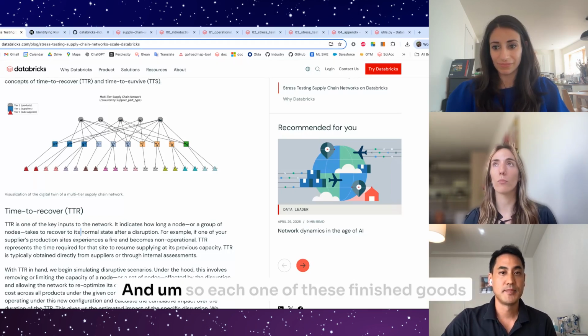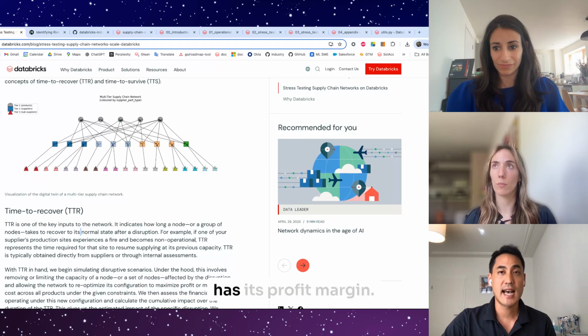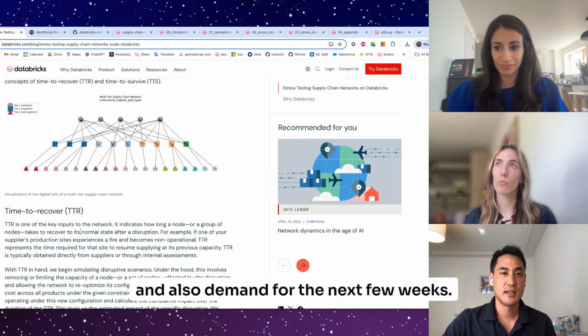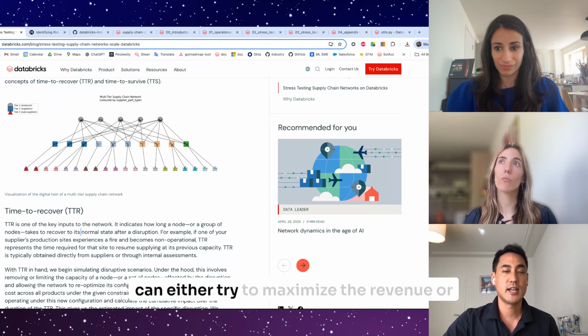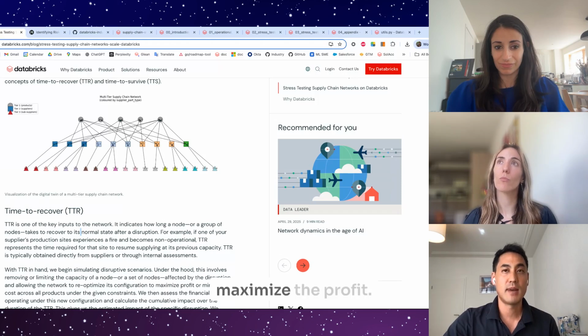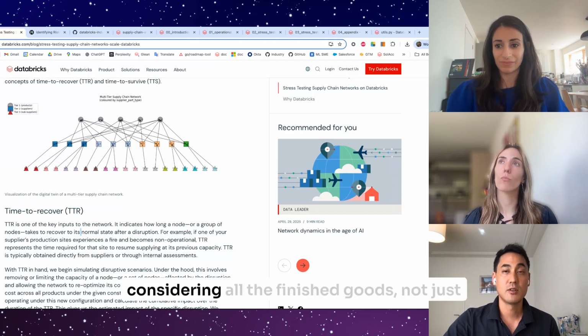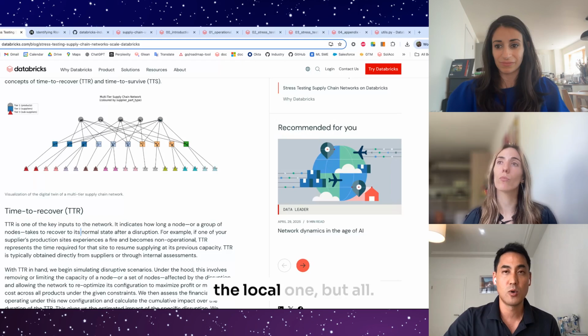Each one of these finished goods has its profit margin and also demand for the next few weeks. So assuming that this node goes down, you can either try to maximize the revenue or maximize the profit, considering all the finished goods, not just the local one, but all.